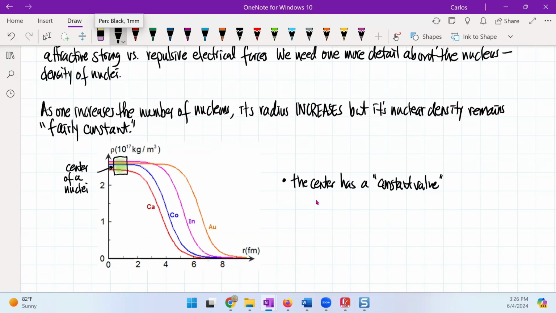If you look at the last three, their densities are very similar. Calcium is much smaller, but it still has a fairly constant value. So the center has a constant value over a wide spread of nuclei.